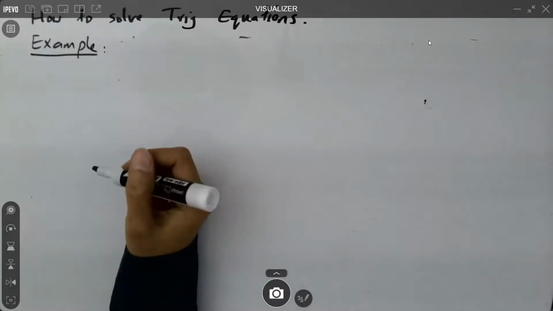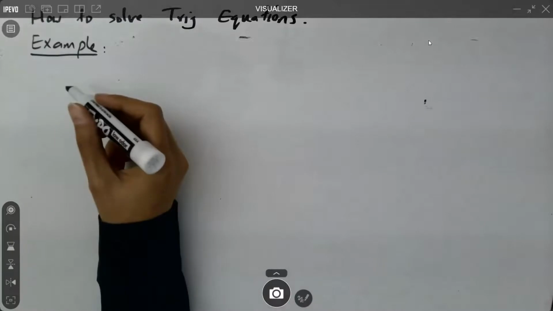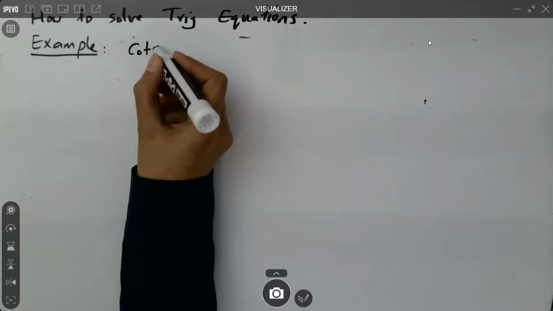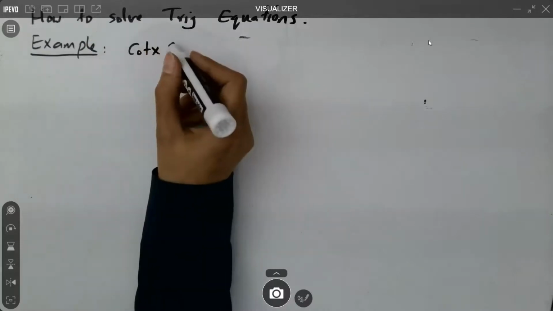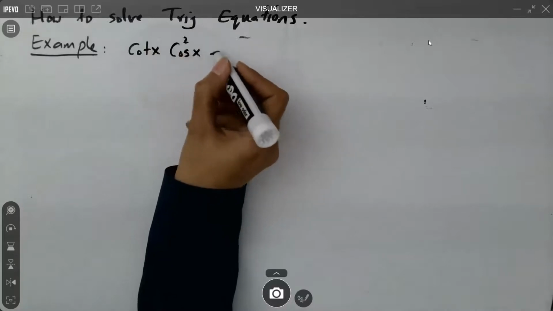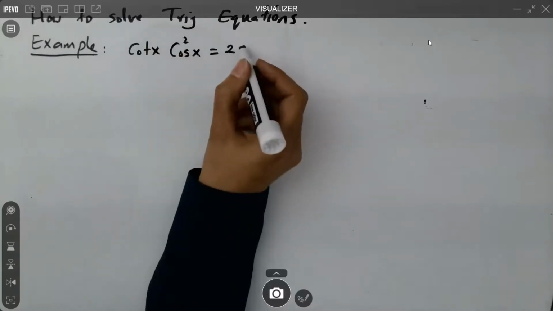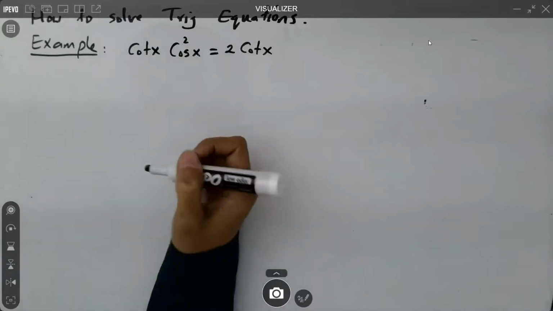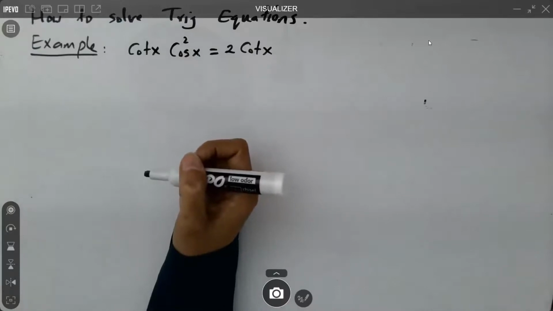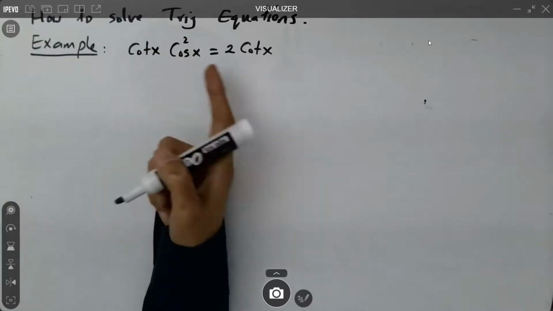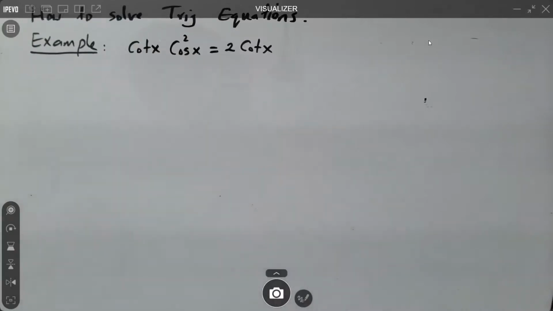The equation says, hey, I have cotangent of x times cosine squared of x equals 2 cotangent of x. Okay, well, what do I have here? I have cotangent of x, cosine squared of x equals 2 cotangent of x.